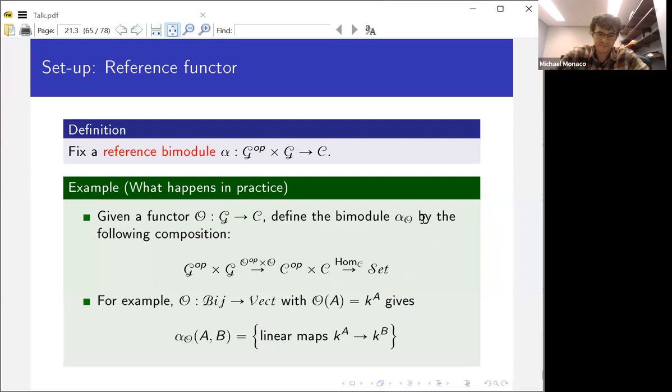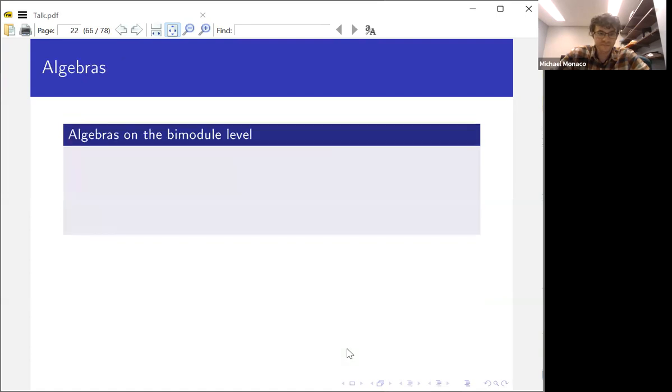So for example, we have some O to this category of bijections into vector spaces, say defined like this. Then our reference functor would be the set of linear maps from this A_K to E_K. Okay. So that we can define an algebra.